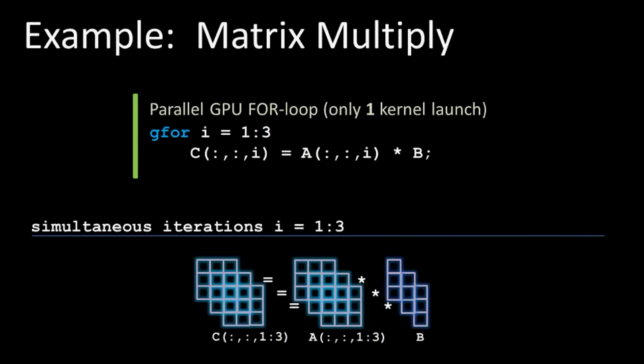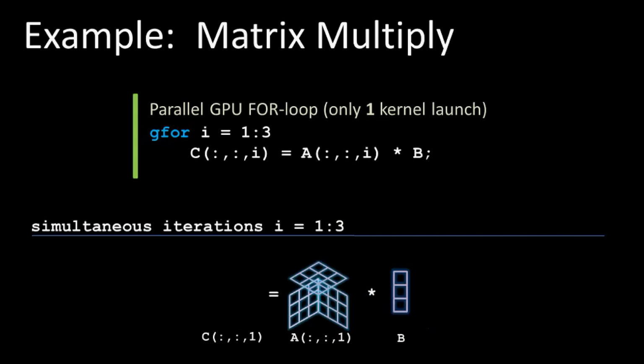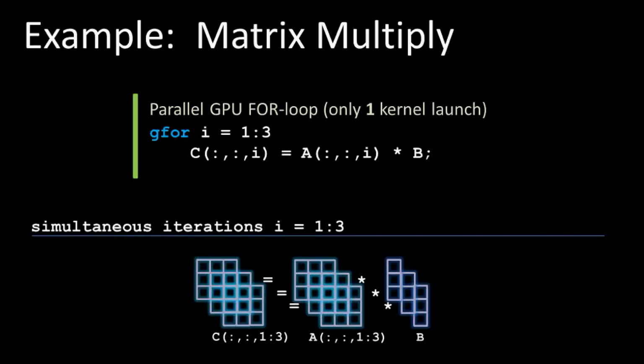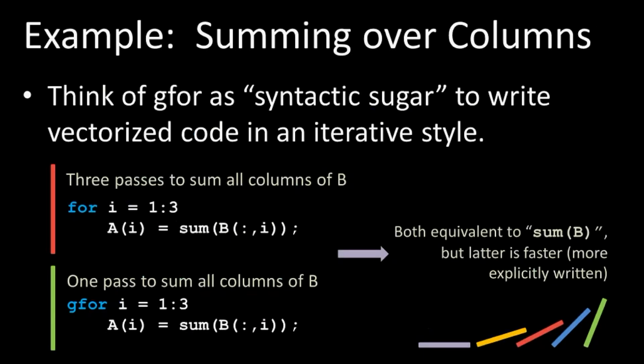With G4, you can start to tile all of these together, and what it actually ends up doing is collating all the data into a larger data structure that then can be processed simultaneously and all at once. So you can really think of this as syntactic sugar for writing vectorized code in an iterative style.